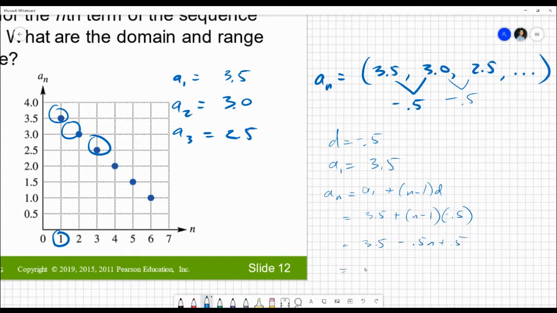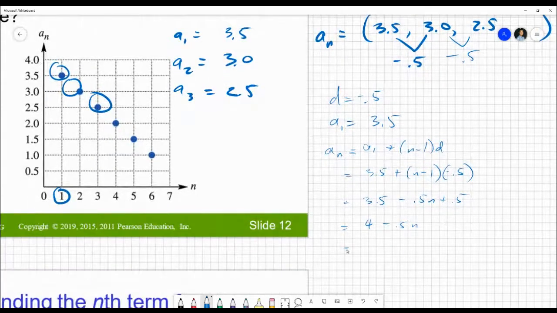All right, combine like terms here. I'm going to have 4 minus 0.5n. Or if we want to rewrite this as a fraction, so we can see what our slope is. Our slope here is negative 1/2, and we have a y-intercept at 4. So this is my general term.